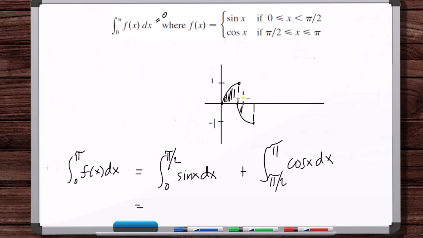So we'll evaluate: the antiderivative of sine of x is minus cosine of x, okay? And so then we're going from pi over 2 to 0, and then the antiderivative of cosine of x is sine of x from pi to pi over 2.